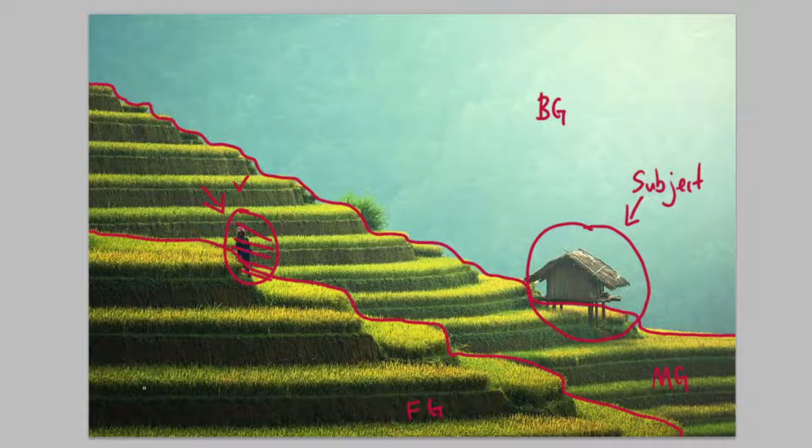Notice the textures here, how all these things and the 2 different colors, those are the complicated parts. You have textures here, texture here, in both the foreground and the midground.